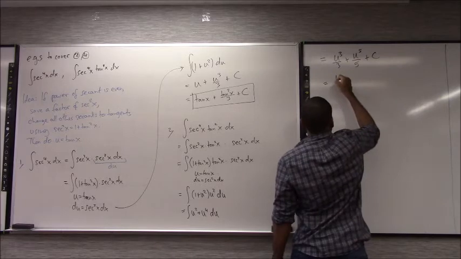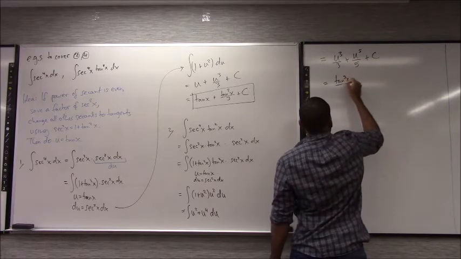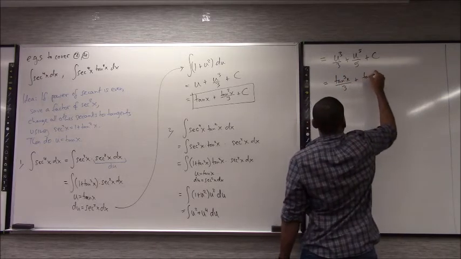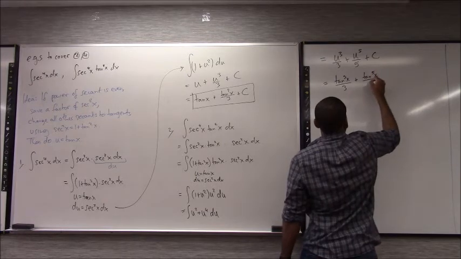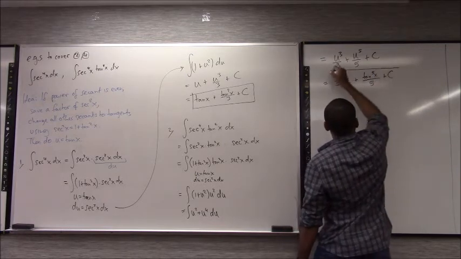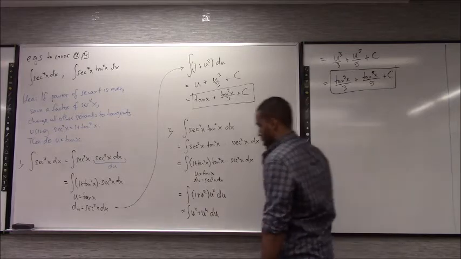And our u is tangent, so it's tangent cubed x over 3 plus tangent to the 5th x over 5 plus c. And that would be your antiderivative.